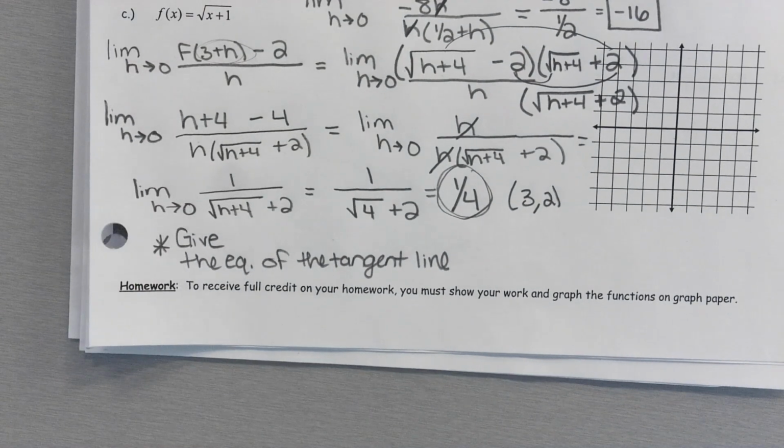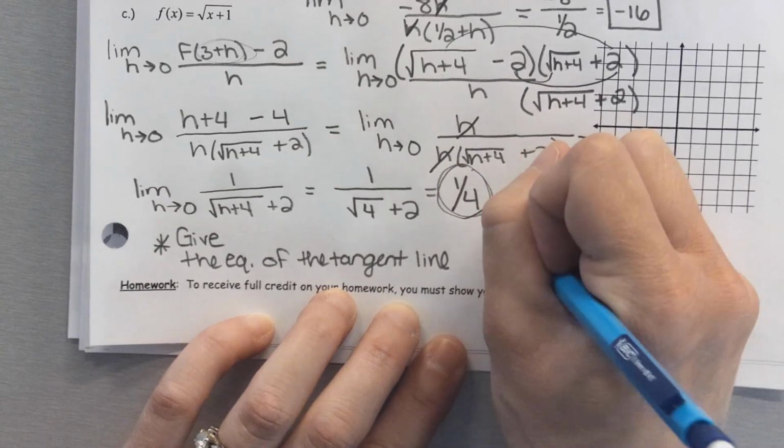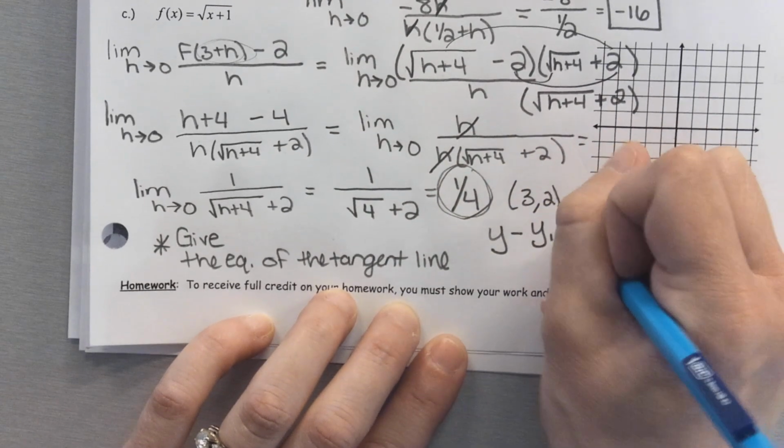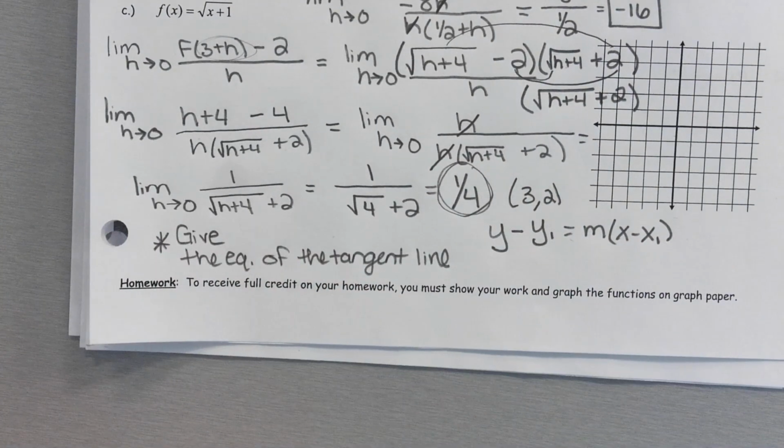So the easiest format to plug this into is your point slope form. So y minus y1 equals m times x minus x1. Does that formula look familiar? Okay, so that is our point slope form. Why do we call it that? Because it's easy to plug in a point and a slope. Mathematicians are not a creative group of people.